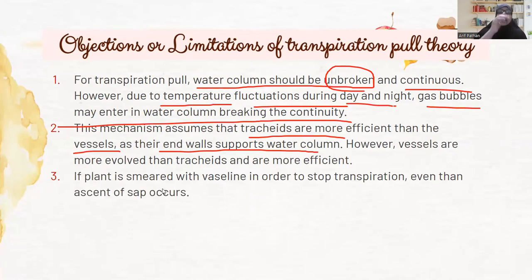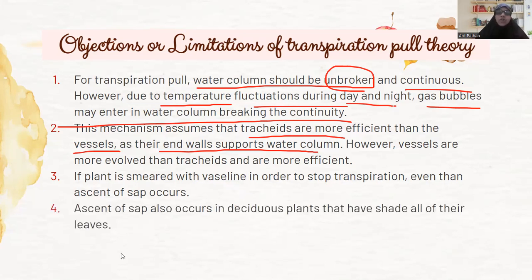Another objection is that if you take a plant and put Vaseline on it to stop transpiration, ascent of sap still occurs. So if you cover the surface of the leaf with some waxy coating, just to experiment, so that water is not lost, it will still happen. So that's one of the objections.